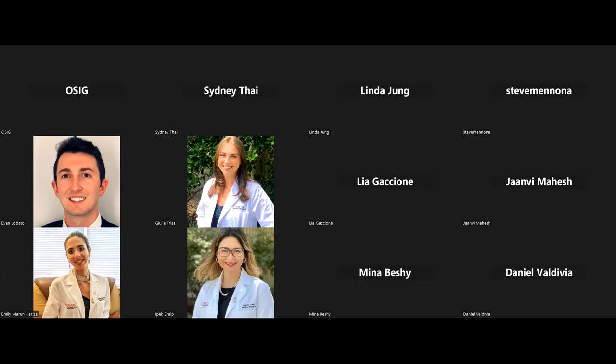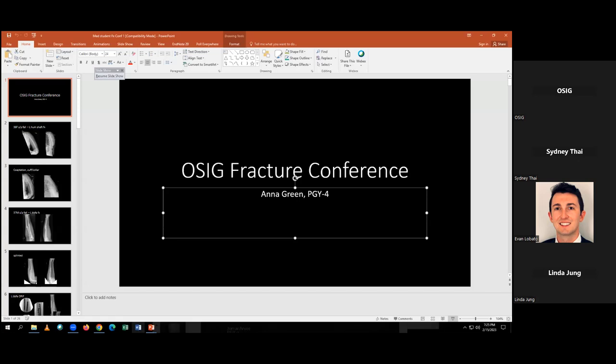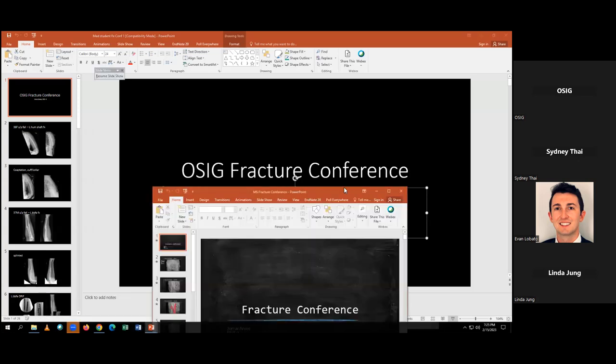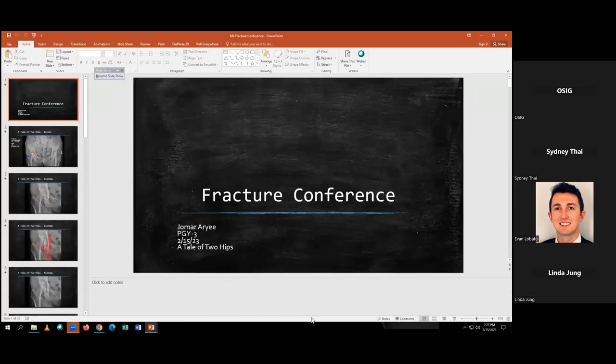Okay. Hopefully these animations play. So, do I do screen 2 or just my screen? It's kind of the same, right? Because it's duplicating. Okay, so Gomer PGY3, tale of 2 hips.